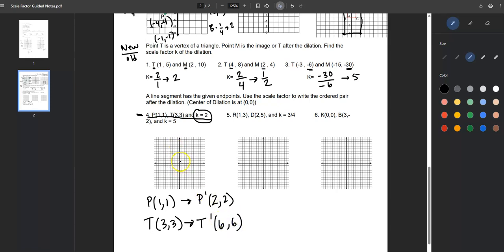And so I will have this original line segment that is here at 1, 1 and 3, 3. So there's my original. And then my new one will become 2, 2 and 6, 6.